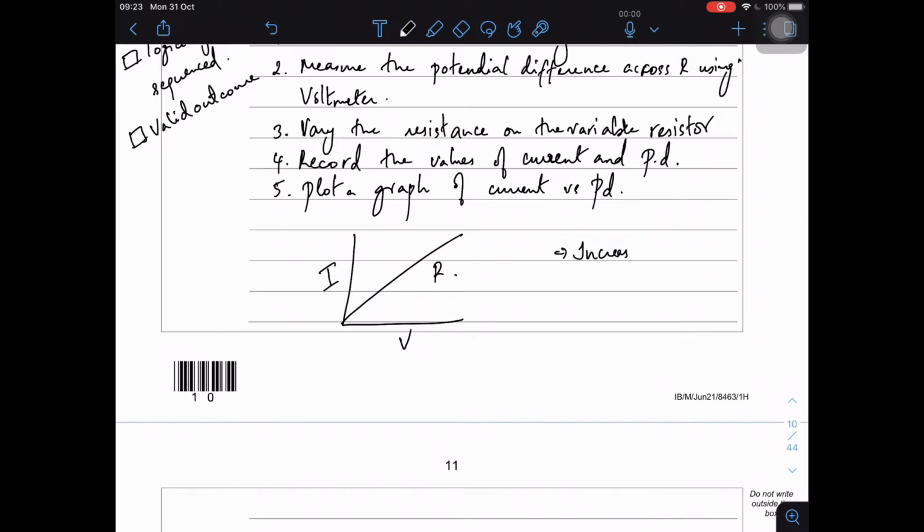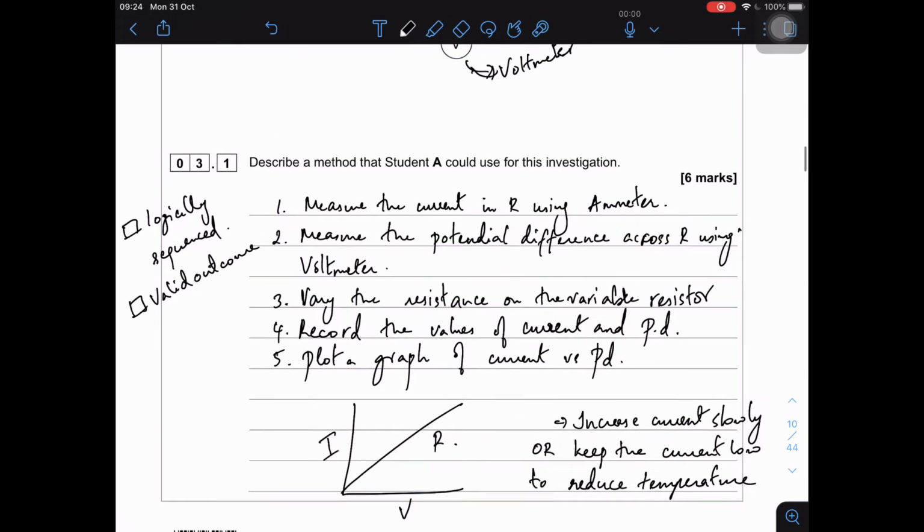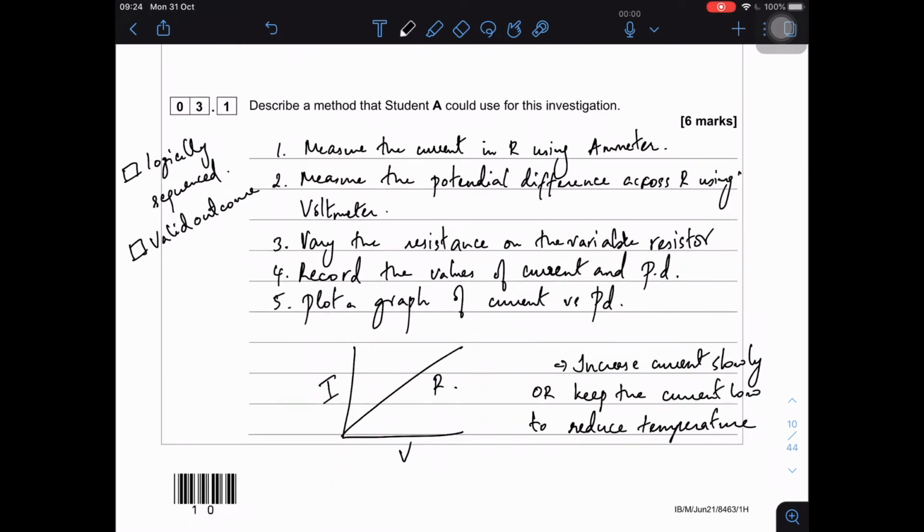Increase the current slowly, or keep the current low to reduce temperature, or keep the temperature the same. So that's one thing you need to keep in mind in order to get full marks. All right.